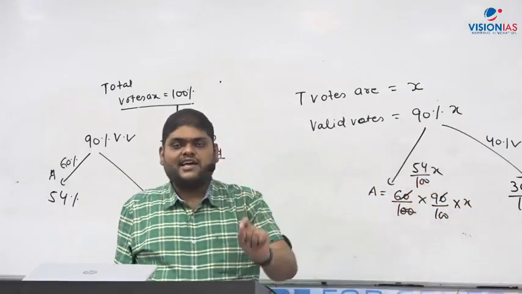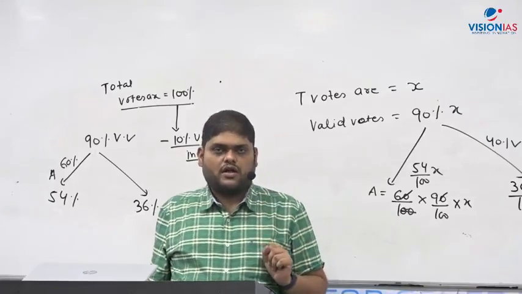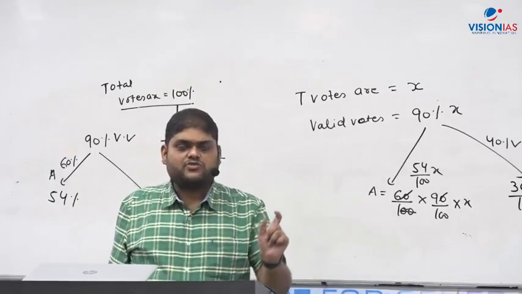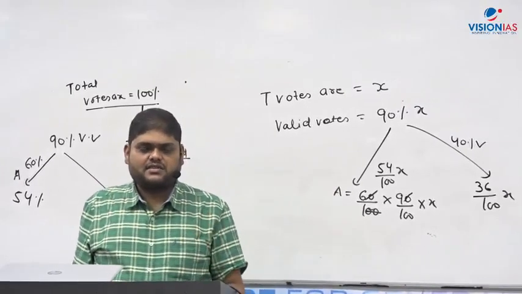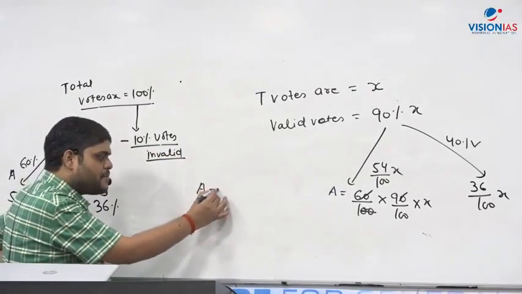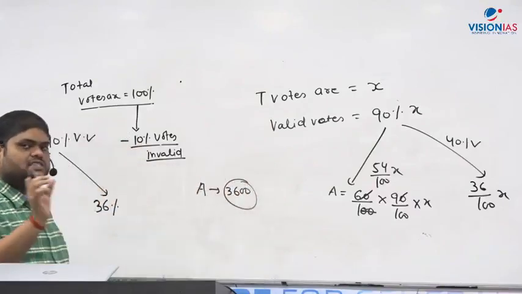What is the meaning of winning by 3600 votes? If I say A won the election by 3600 votes, what is the meaning of this sentence?